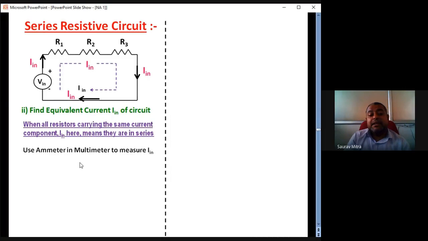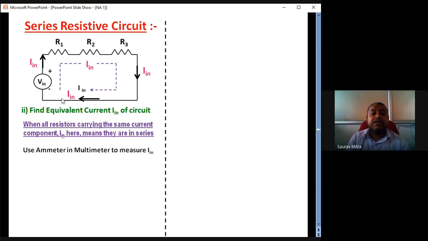Use the ammeter in the multimeter. You will be given a multimeter that has an AC/DC ammeter, an AC/DC voltmeter, and an ohm meter. Because this is a DC supply, whatever current is produced will be DC current. So use the DC ammeter in the multimeter to measure I in.